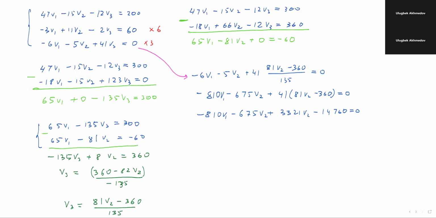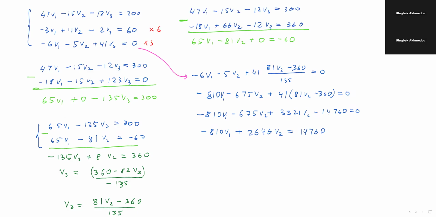We're getting computer glitches. So 3,321 minus 675 will be, let's copy this first so we don't get confused, negative 810V1 plus 2646V2 equals 14,760.